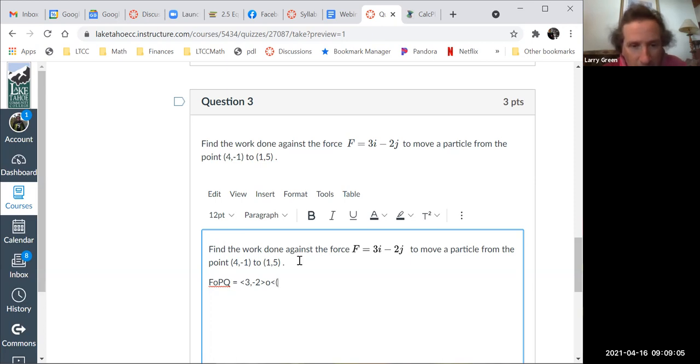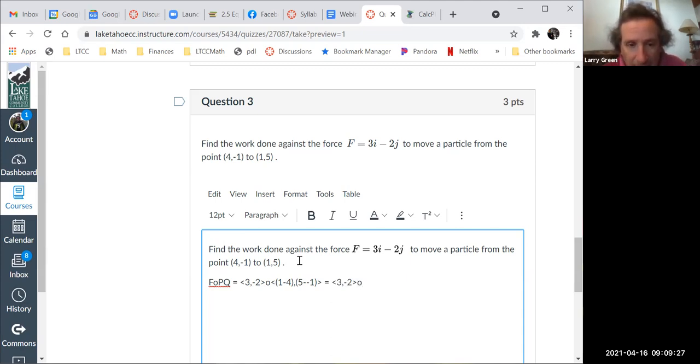That's going to be 1 minus 4 comma 5 minus negative 1. And that is equal to 3 comma negative 2.